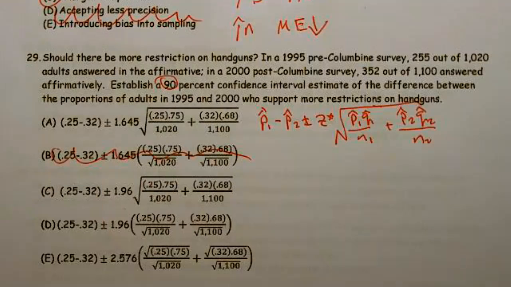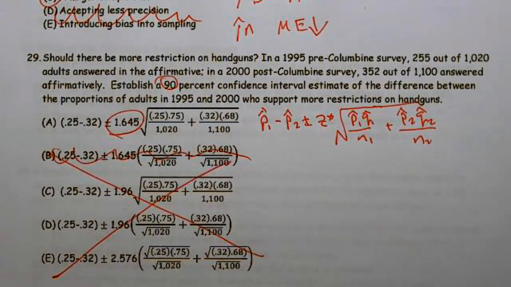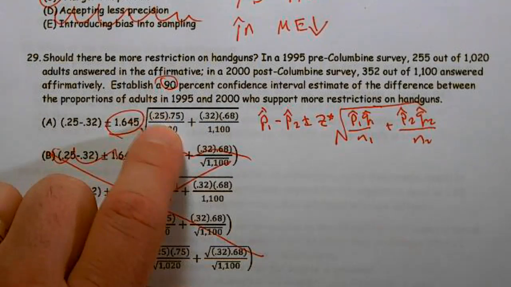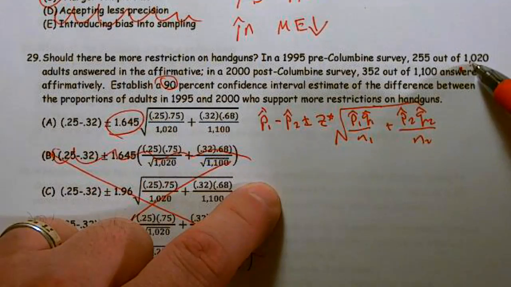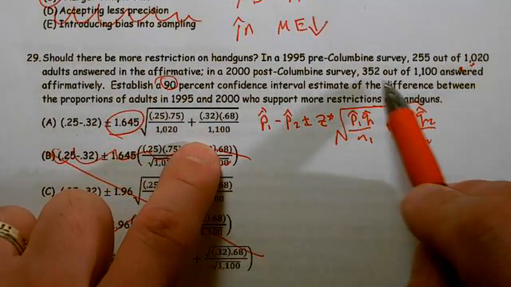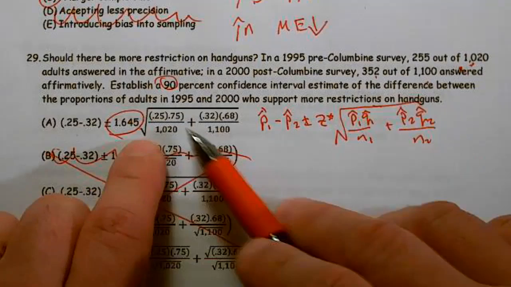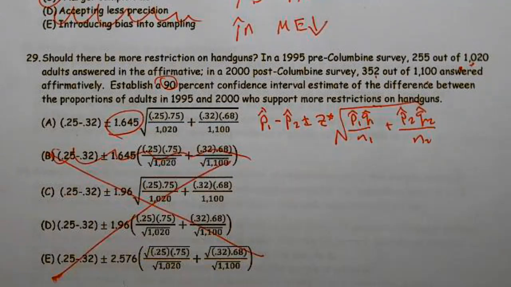The only one that has that is this one. The rest of them don't. I'm done. Now I could have gone back and checked all the p hats, because 255 out of 1020 needs to give me 25%, and 352 divided by 1100 should give me about 32%. So 29 should be A.